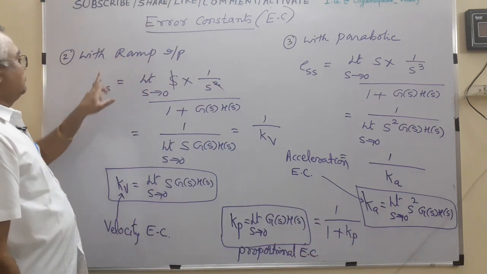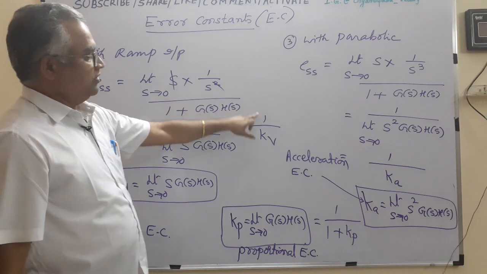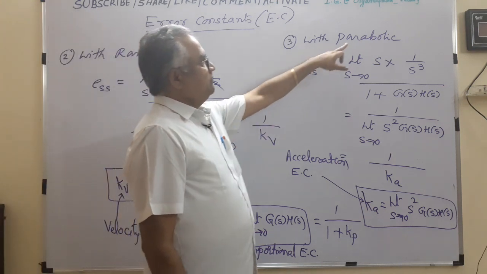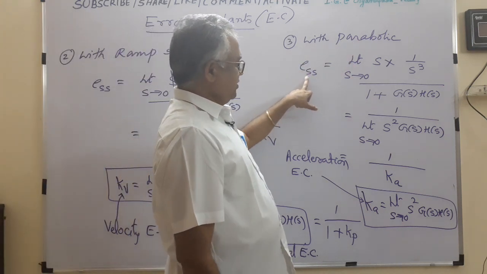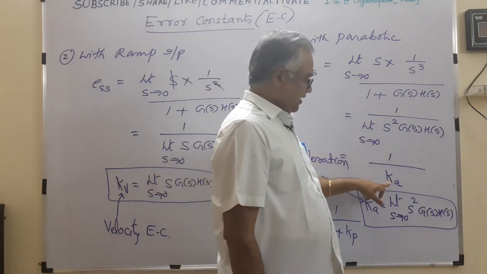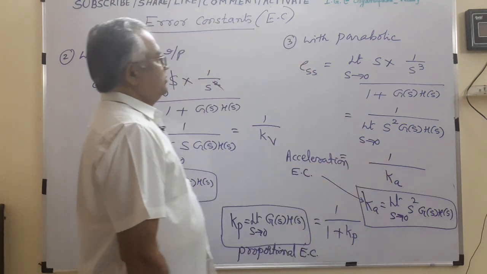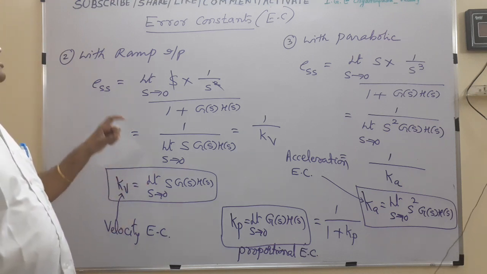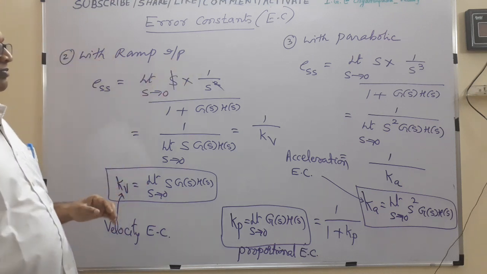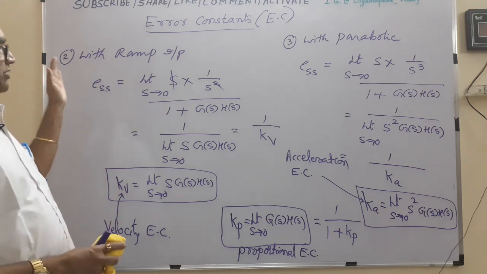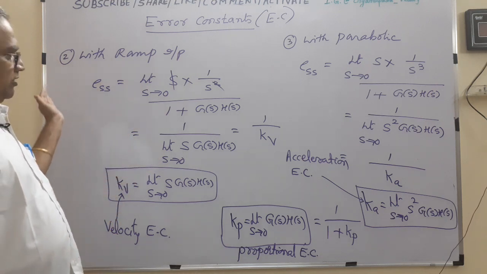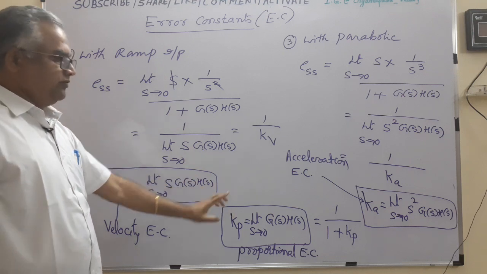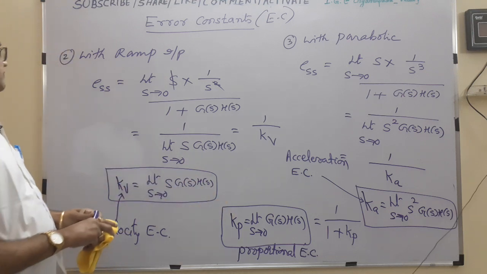With the ramp input? 1 by Kv. With the parabolic? 1 by Ka. So error constant depends on the type of input we are applying. These are the three test signals. Depending on the input, we have to use the corresponding formula.